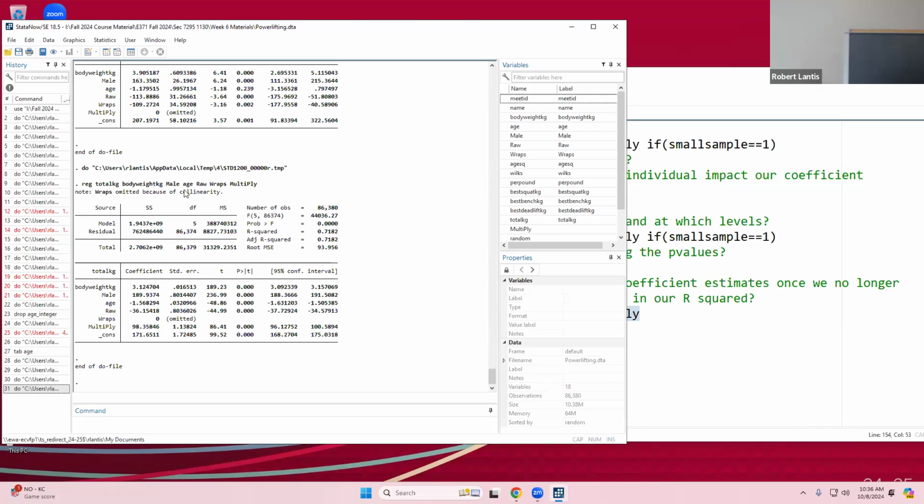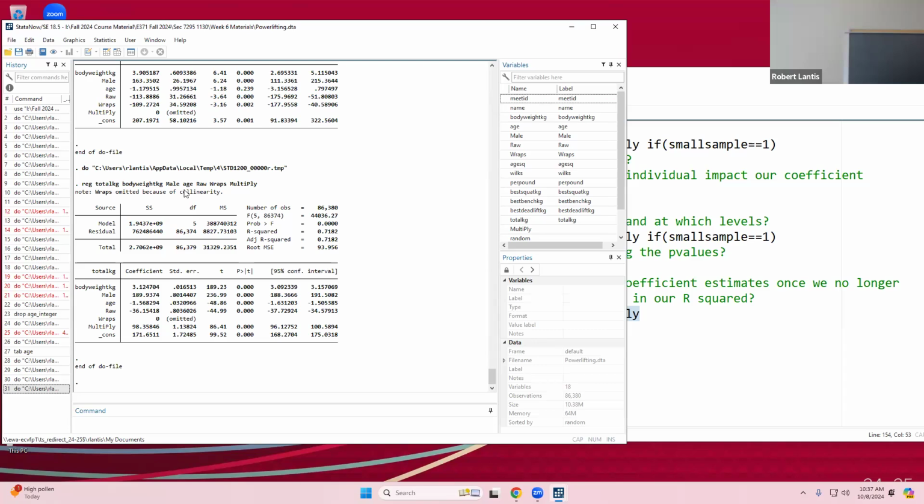Okay. Just to make this point as well. I think the way that Stata does this, and don't hold me to this, probably Google it and see if I'm right, notice it kicked out a different group here. Instead of leaving out multiply, it left out RAPS. So relying on Stata to do this is kind of okay, but it's probably best practice to choose the group you want to leave out, because the way that it chooses the group, I believe, is the group that has the smallest number of observations.